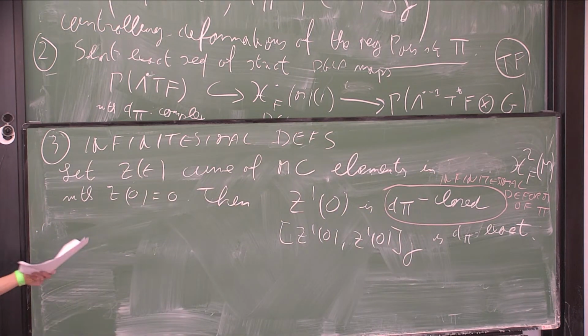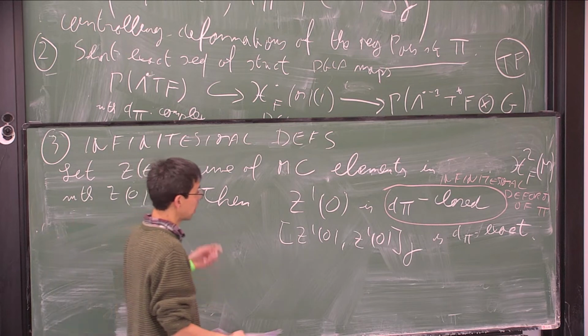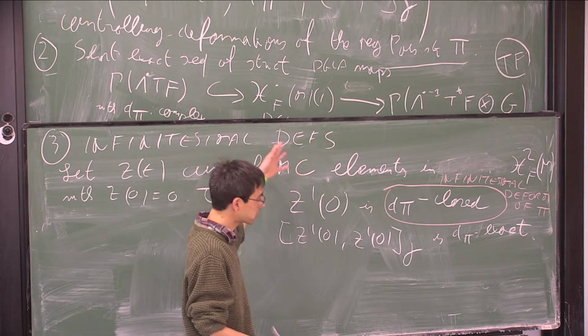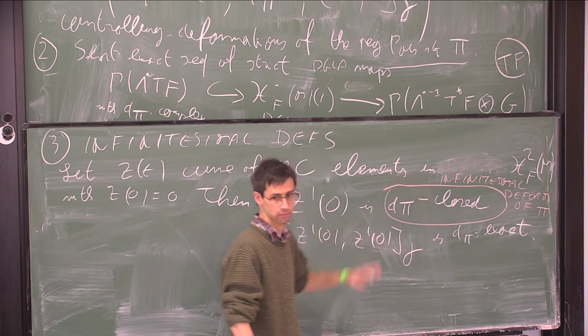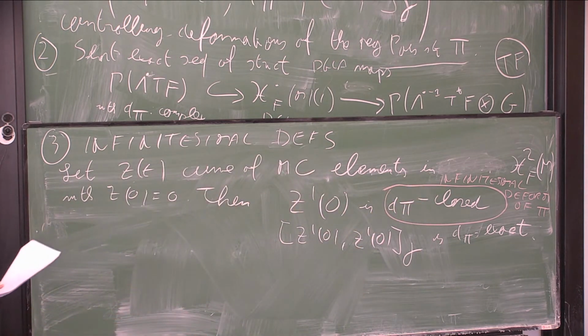So initial velocities of curves of Maurer-Cartan elements, which we saw correspond to regular Poisson structures, satisfy this condition. Let's call those infinitesimal deformations.